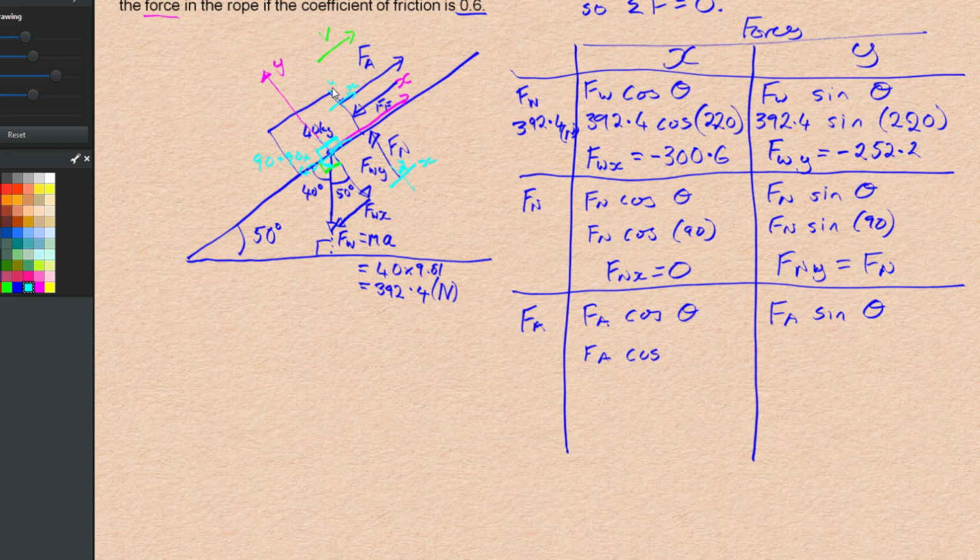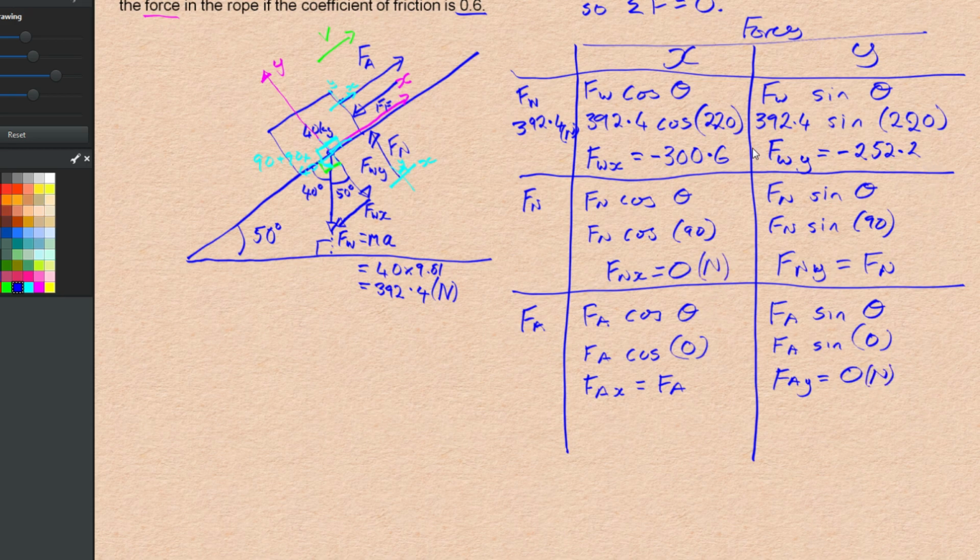That's our x, that's our y. So it's at 0 degrees: Fa cos 0 degrees, Fa sine 0 degrees. Here we'll just have FA in the x direction is equal to FA, cos of 0 is 1, and FA in the y direction is equal to 0.